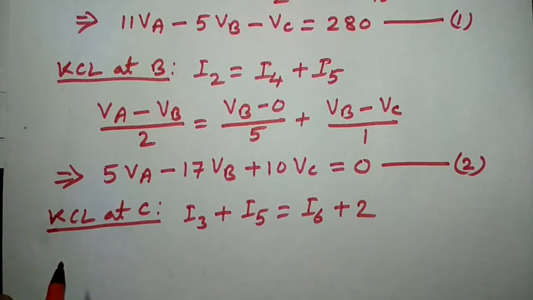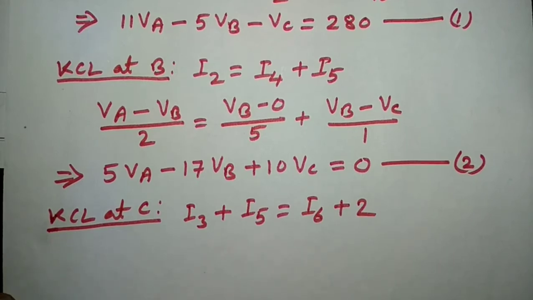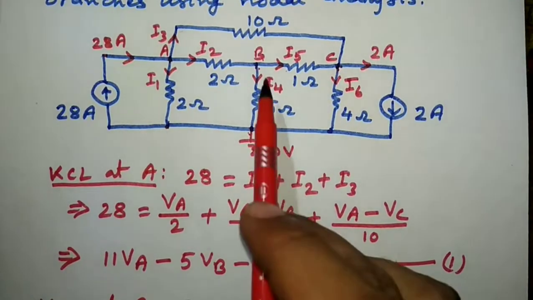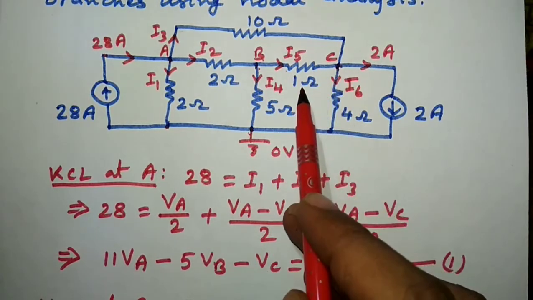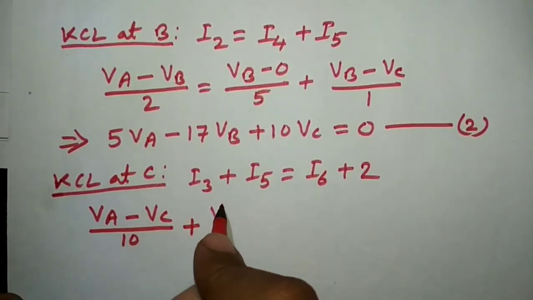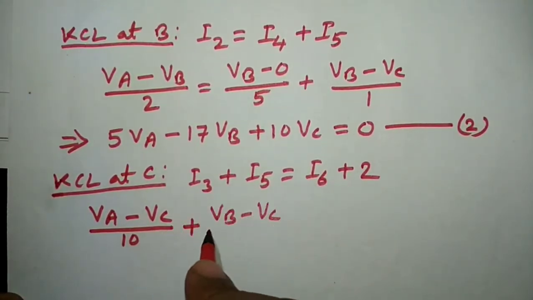Replace the currents by potential difference and the resistance. So it will be VA minus VC upon 10 plus I5, already I have mentioned, it is VB minus VC upon 1.